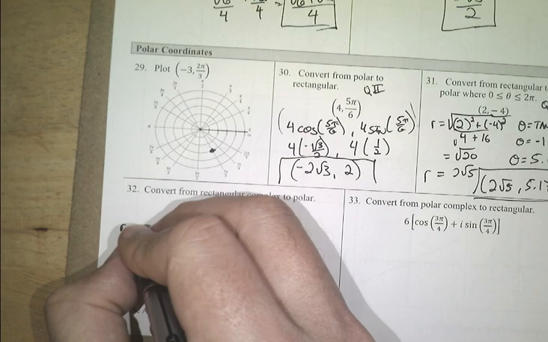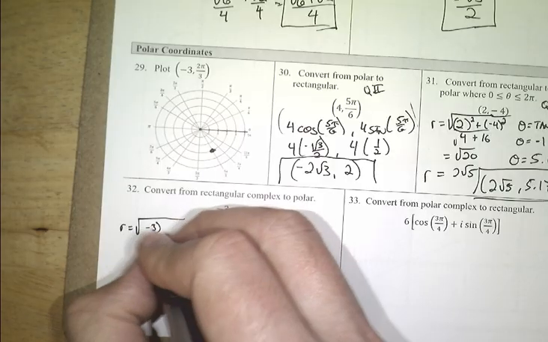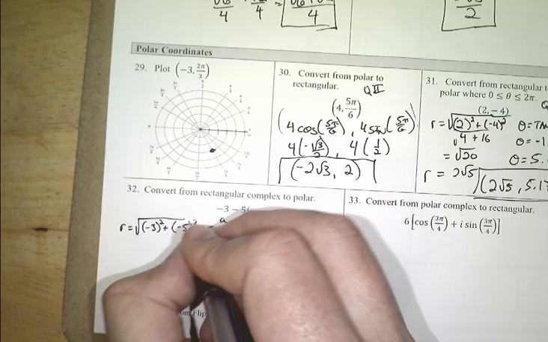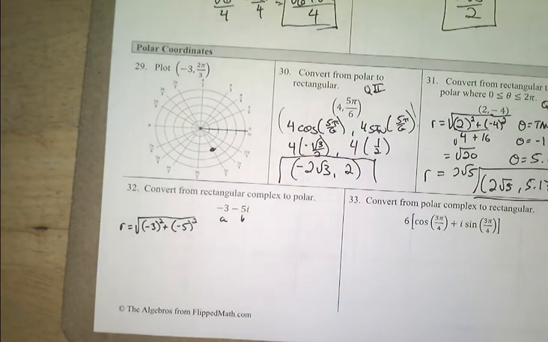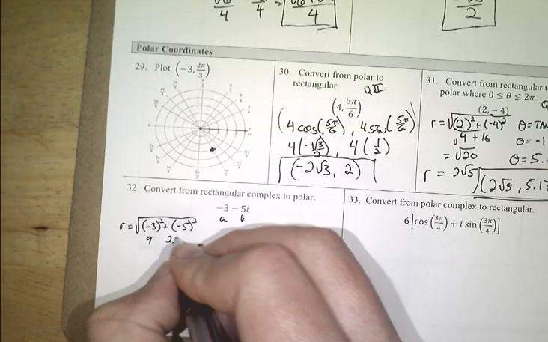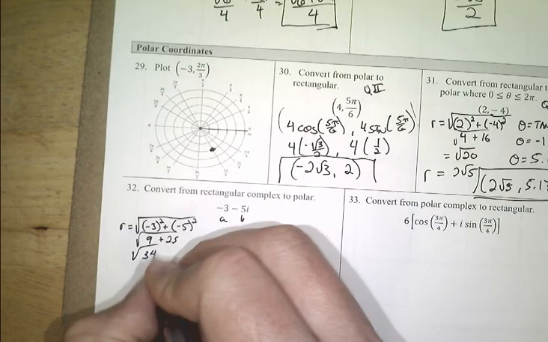R is equal to the square root of negative 3 squared plus negative 5 squared. So negative 3 squared is 9, negative 5 squared is 25, so we get the square root of 34.